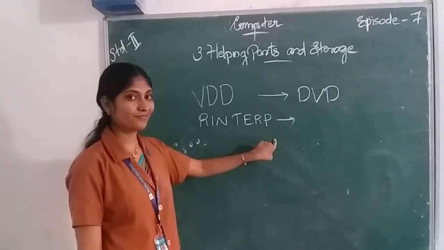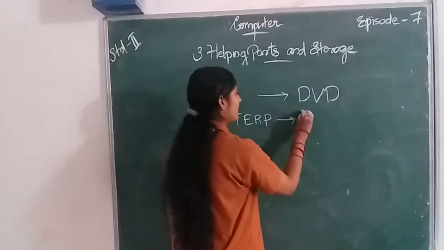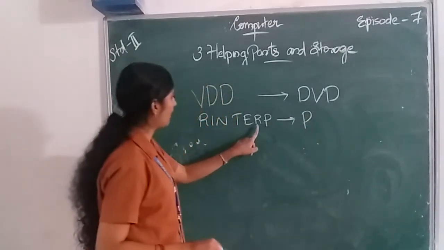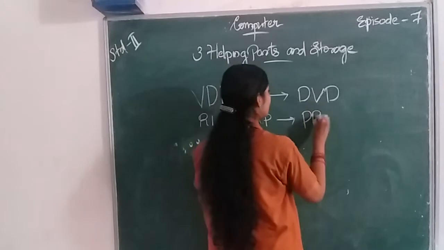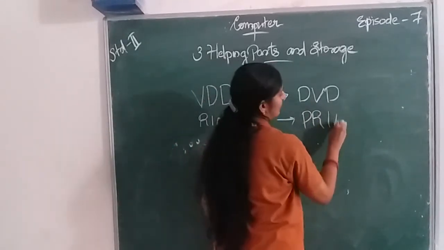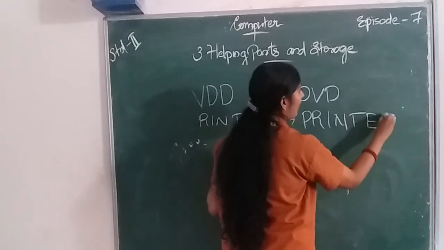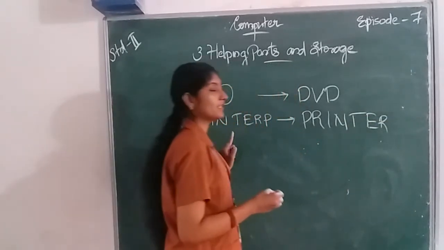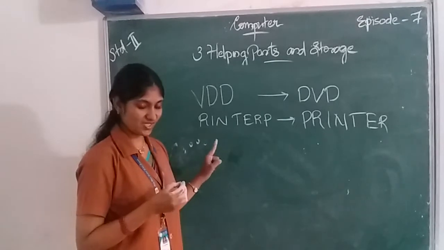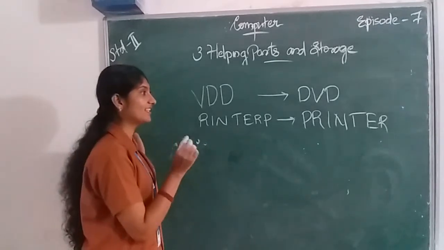What is that? Printer. So what is the spelling? P. Then after P, R comes. And then I. Then N. Then T. Then E. R. So the word is printer.